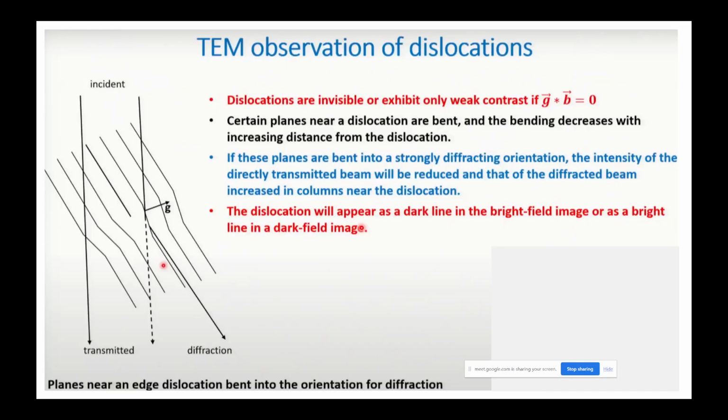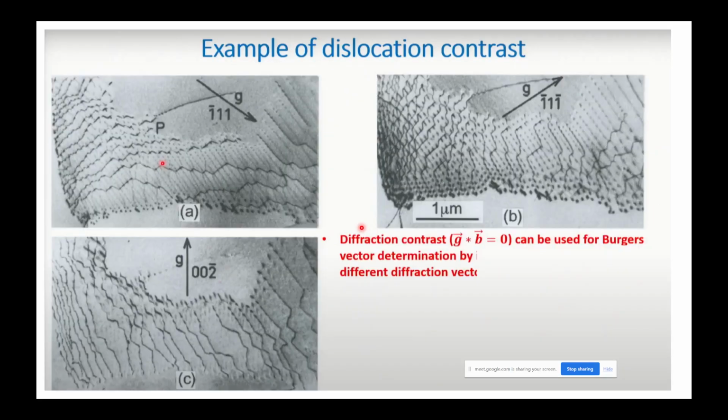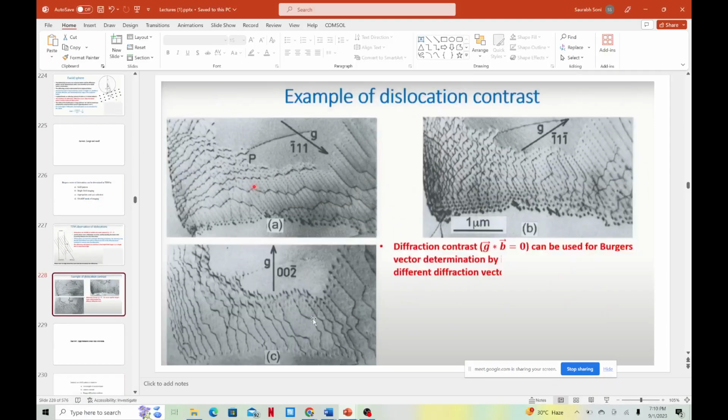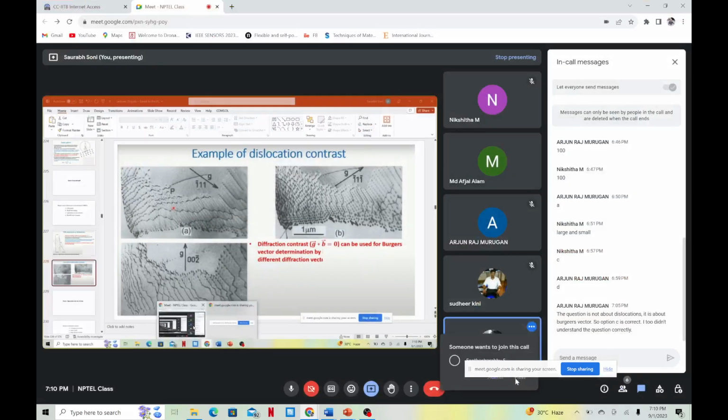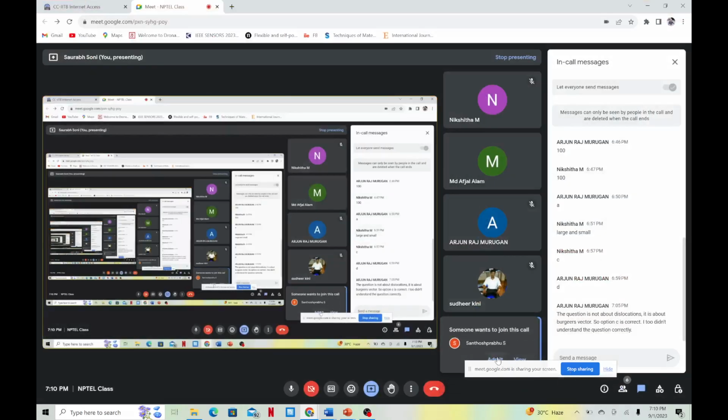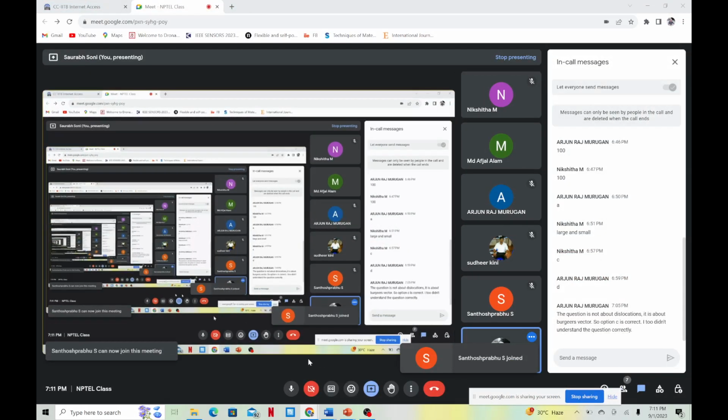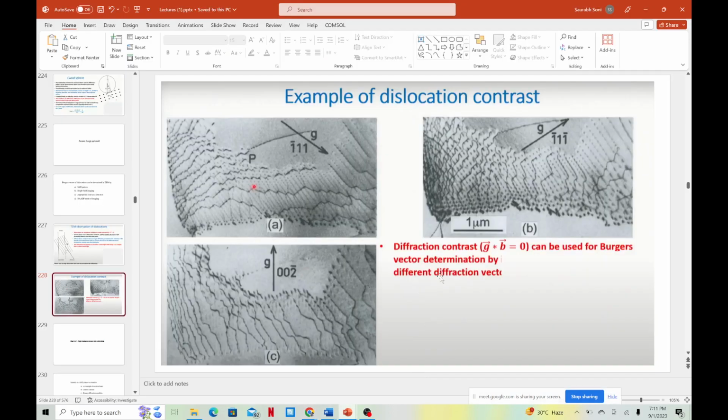As per what I have just seen, if it is not given in the lecture, then try to read some more books. Maybe from there you can gather some knowledge. But you can see this is different in different orientations. In different directions, the magnitude of your Burgers vector is different.